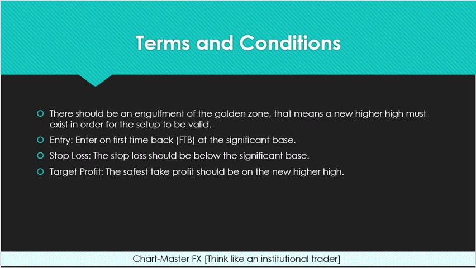Then the target profit should be at the new higher high. So guys, these are the terms and conditions of the ignored over under. You need to look for these conditions, and you should not violate these terms. You need to make sure that these terms are not violated, so that you do not create your own SOP.